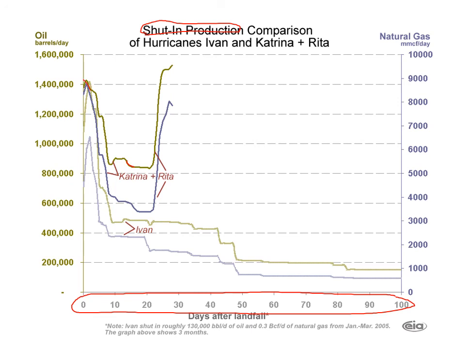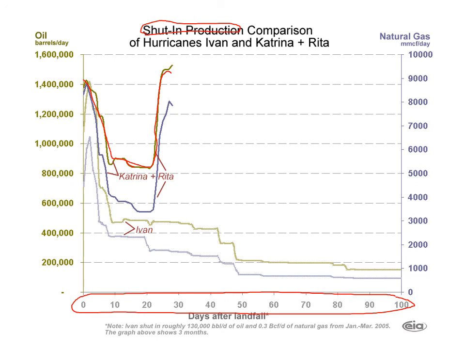I can't remember which came first, Katrina and then Rita. But you can see that for Ivan, the losses dissipated, and we were back down to normal or close to normal levels within about 2 months.